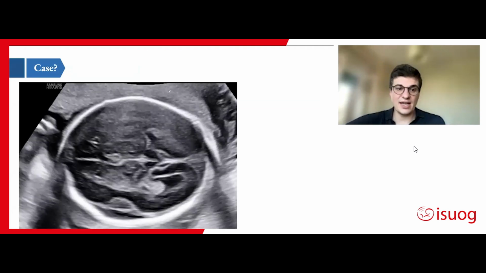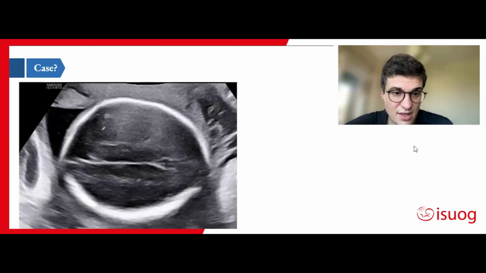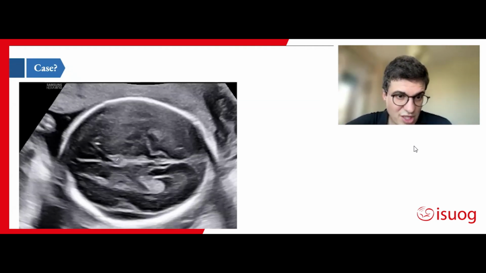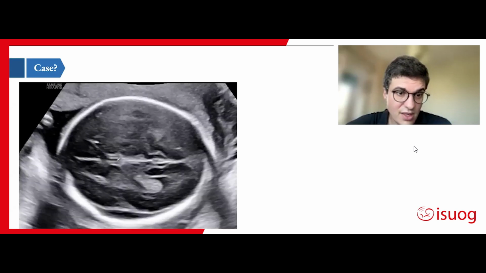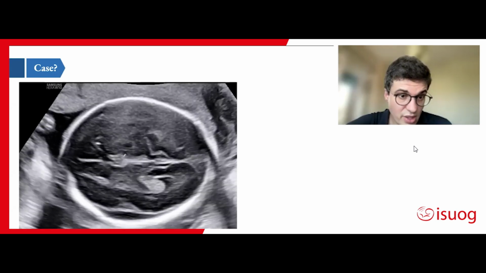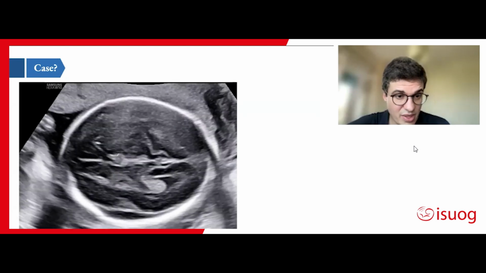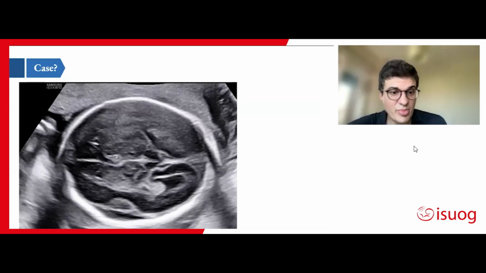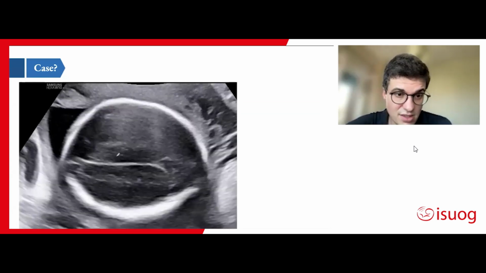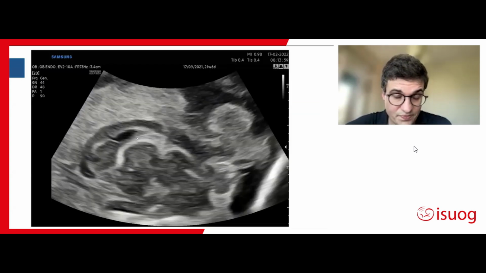Let's go and see another case. I'm almost done. So we can see, even in this case, the cavum septi pellucidi is present, is rectangular. The frontal horns are present, are anechoic, are adjacent to the cavum septi pellucidi. But we can see the cavum septi pellucidi is also hyperechogenic in this image. We go to the sagittal view. Can you see?